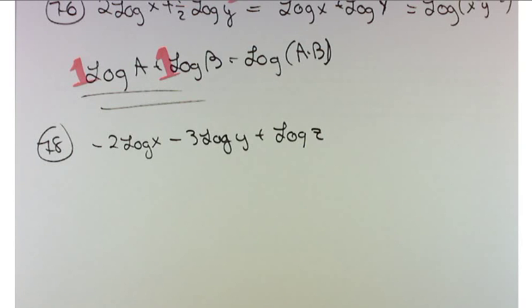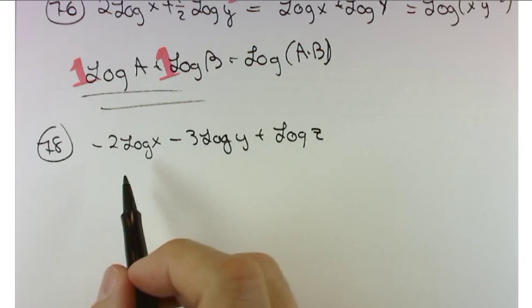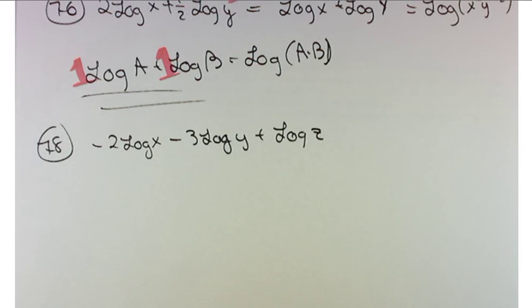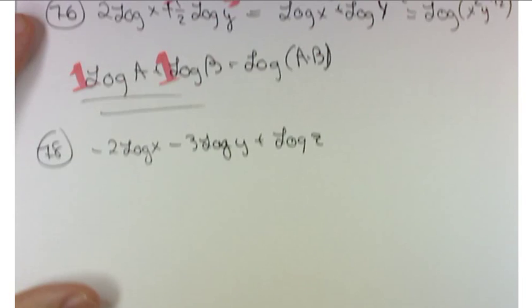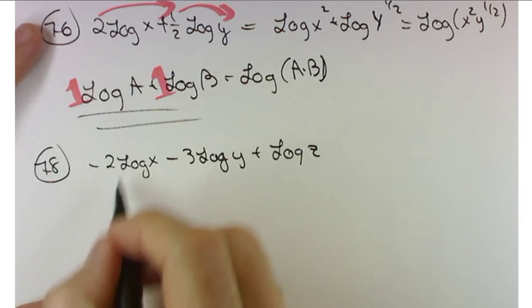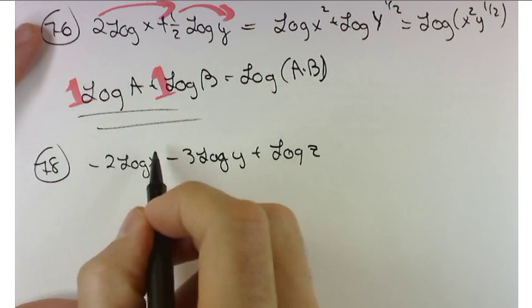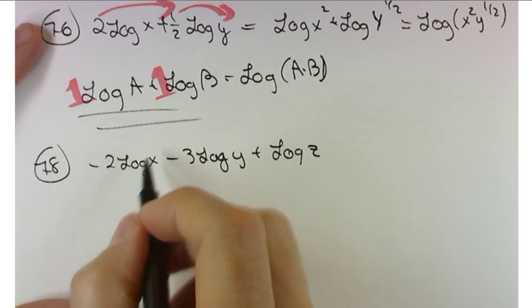Okay, so there's a lot of ways to do these problems, but for this one and ones kind of similar to it, let me suggest we start out doing exactly the same thing we did with problem number 76, except we're not just going to put the 2 up into the exponent, we're going to put the negative there as well.